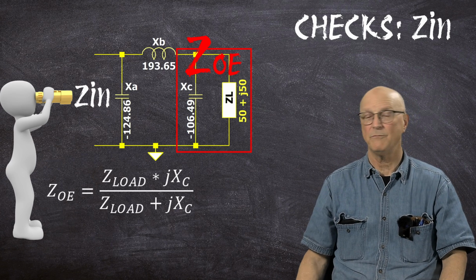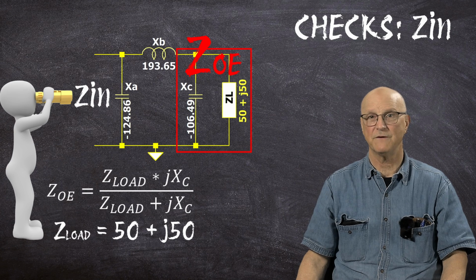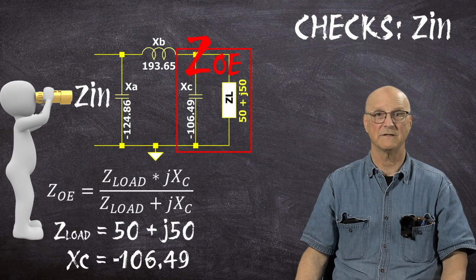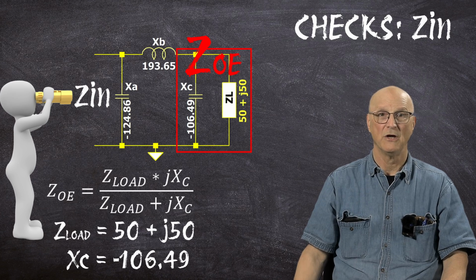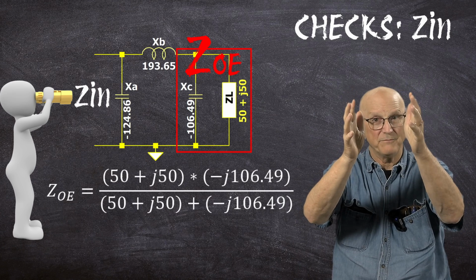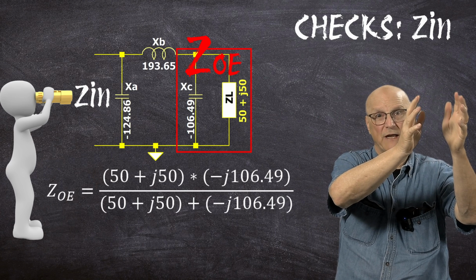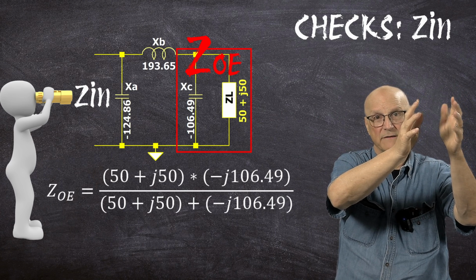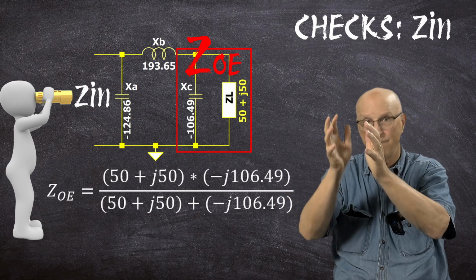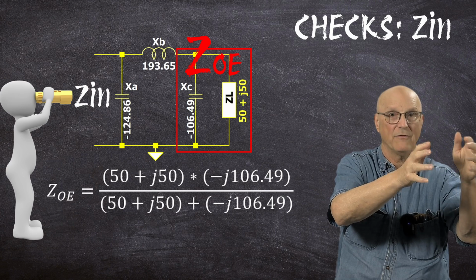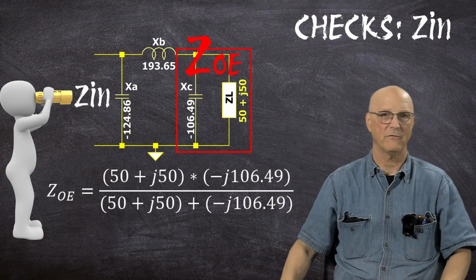And we know the load impedance is 50 plus J50, and XC is a negative 106.49. So we have 50 plus J50 times a negative J106.49 divided by 50 plus J50 plus a negative J106.49.